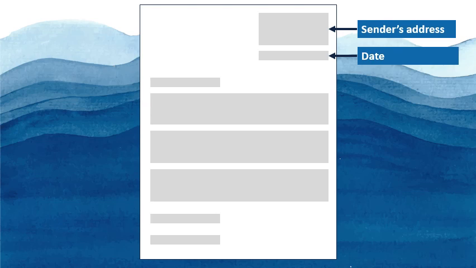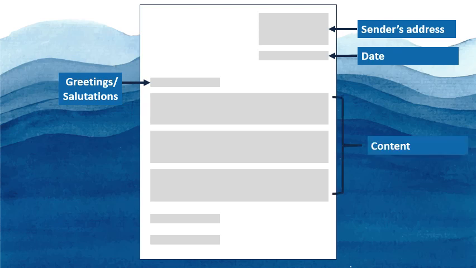Okay, and then on the left side, there should be the greetings or salutations, and followed by the content. Okay, and then sign off and signature. Now we are going to go over this in the next slide.